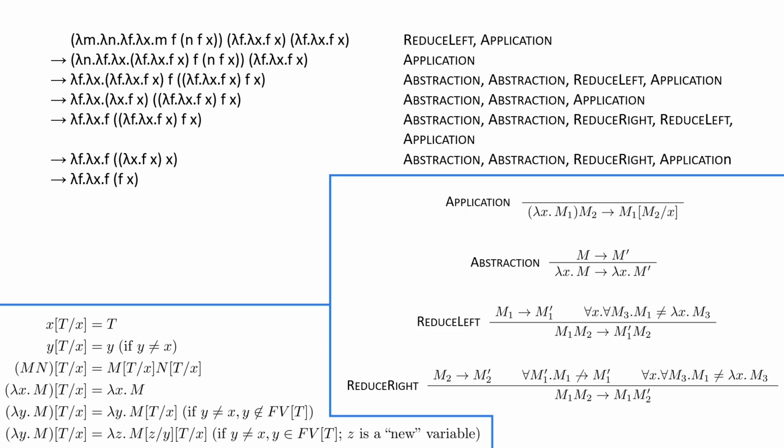Now, the conclusion of the abstraction rule does match this expression. But the rule only matches if the premise is true as well, and the premise is only true if the body of the abstraction is reducible. The body is also an abstraction, which again only satisfies the abstraction rule if its body can be reduced.